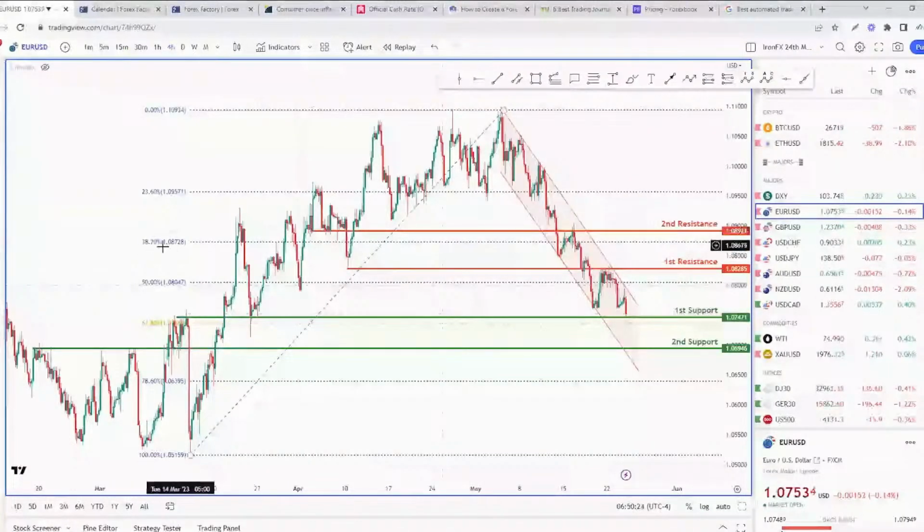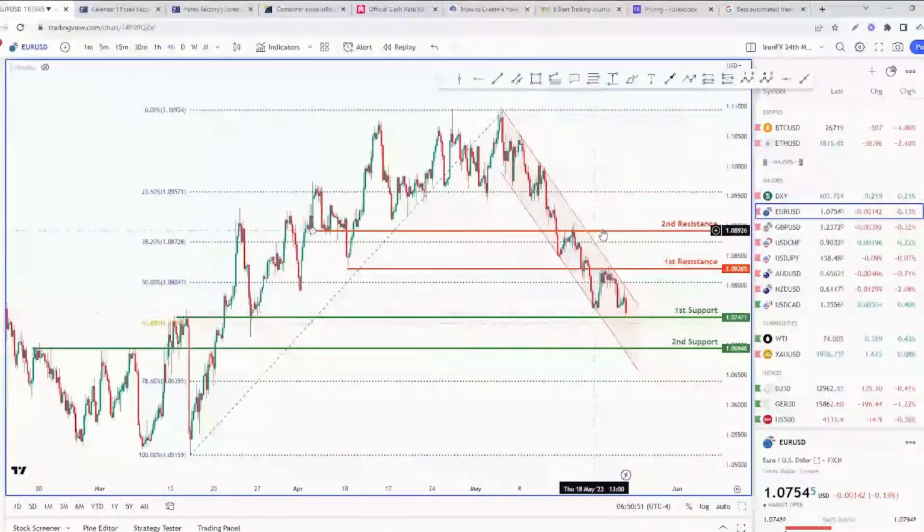Okay, so the next Fibonacci retracement level was at 38.2%. But we don't just use the Fibonacci levels blindly, so to speak. We also try to match them with significant areas of support, right? As you can see here, this price level of 101.090 has served as support fairly well.